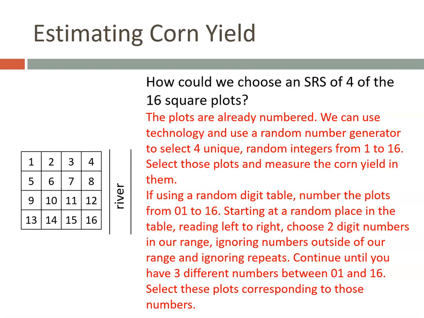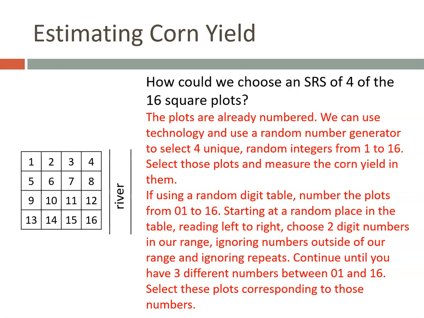If you were to do a random digits table, like table D in your book, you would number the plots from 01 to 16. This is slightly different because you need to make sure that every plot has the same number of digits for its label. Starting at a random place on the table and then reading from left to right, you're going to choose 2-digit numbers that are within our range, ignoring any numbers outside of our range and also ignoring repeats.